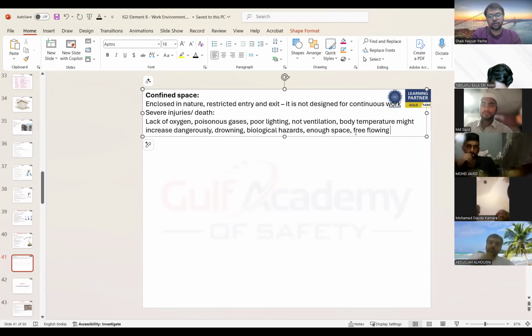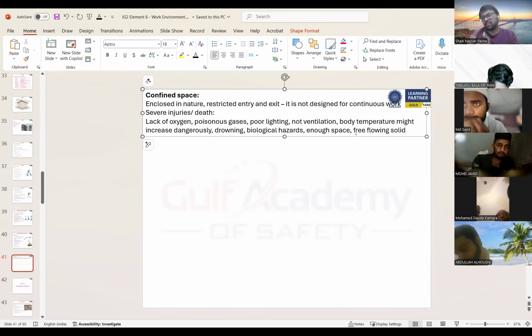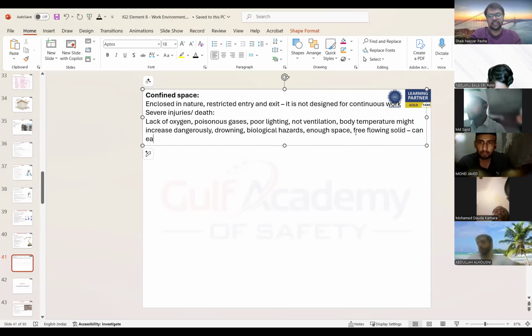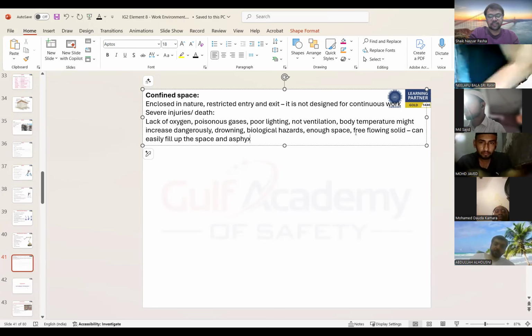Free flowing solids, kind of slurry. Slurry means solids mixed with liquids. So free flowing solids can easily fill up the space, particularly in underground sewage tankers, and could result in asphyxiation.